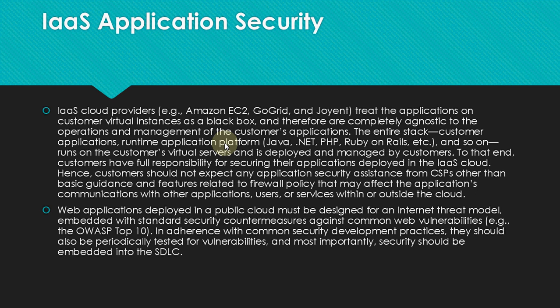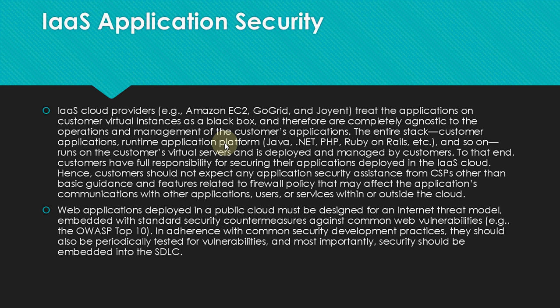I already told you that you are using raw resources, means you are using the hard disk, you are using the processor or computing power. Now here the IaaS provider is free, means he need not bother about what security you are applying at your level.